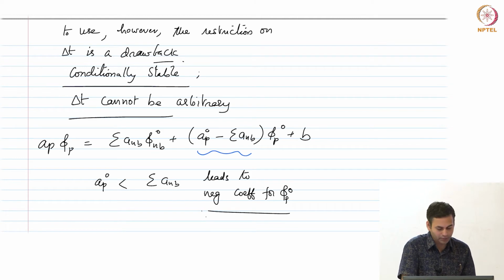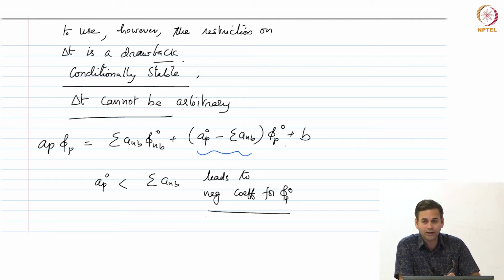Now, why do we care? We care because if this coefficient becomes negative, then what will happen to phi_P? Say at one particular time step phi_P^0 is a large value. It increases, and because you have a negative coefficient, phi_P at the current time level would go down. As phi_P^0 is increasing, phi_P will go down, right.